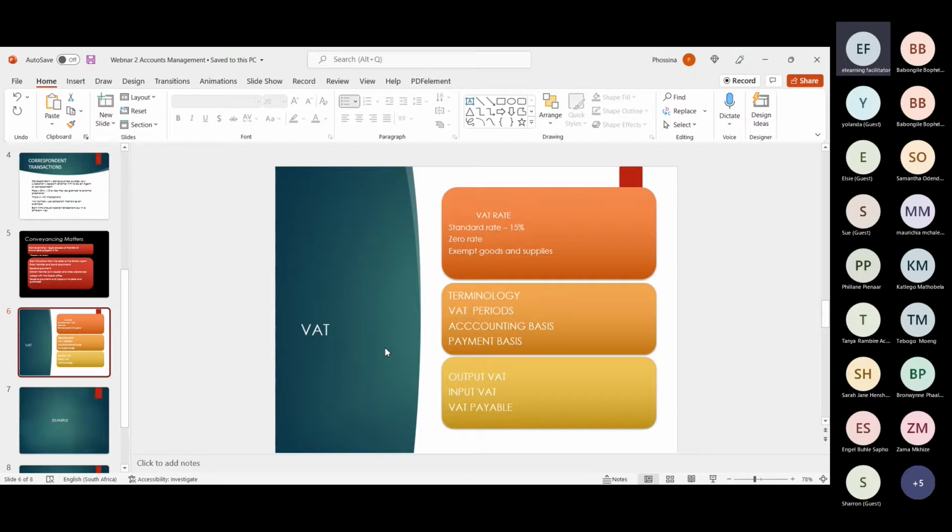From that day onwards, you are expected to start charging VAT. If you do not charge VAT and an audit is carried out by the Receiver of Revenue, they just deem that the income you have received includes VAT, because it's something you are supposed to know.